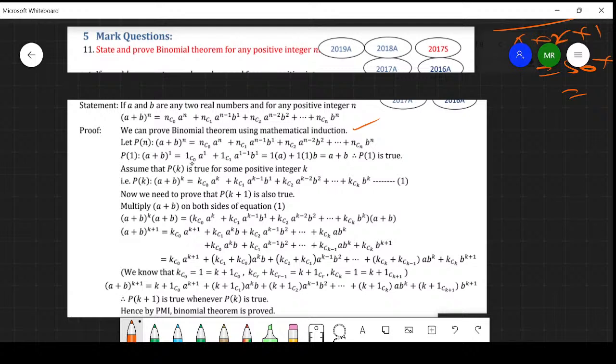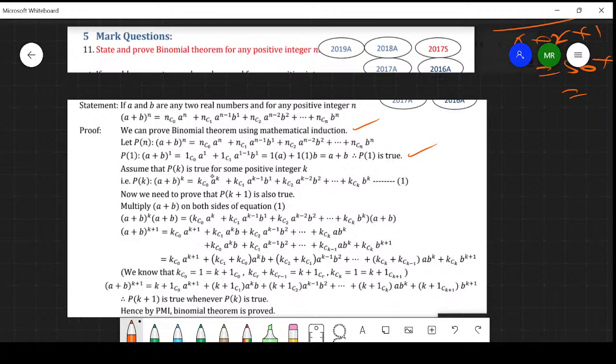If we simplify, 1C0 is 1, 1 into a. 1C1 also 1 only. a power 0 into b power 1, it comes 1 into a plus 1 into 1 into b, a plus b. We got (a plus b) whole power 1 equal to a plus b, so P(1) is true. In mathematical induction, we use this method to prove that.